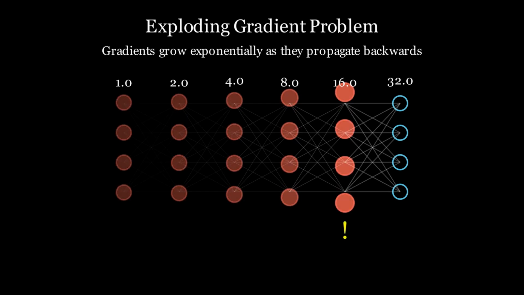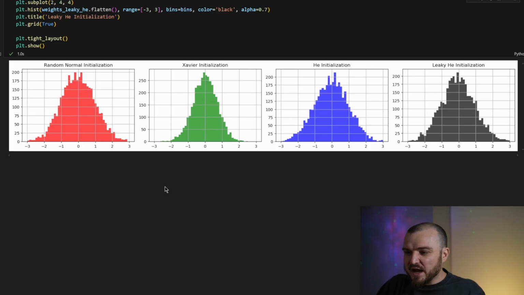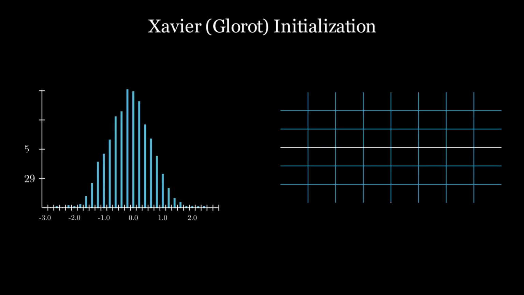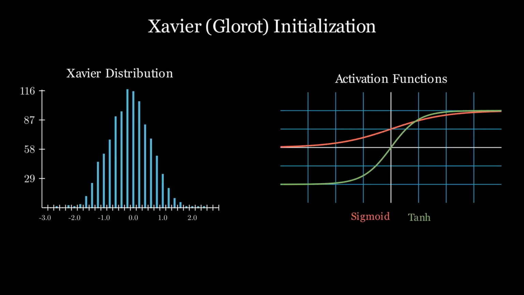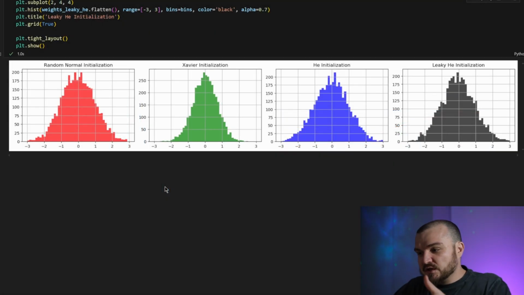And Xavier initialization is a more controlled distribution with weights scaled according to the input dimension. This can prevent this vanishing or exploding gradient, especially for sigmoid or tanh activation functions, because this narrowed spread helps maintain stable gradients when using sigmoid or tanh activation functions.